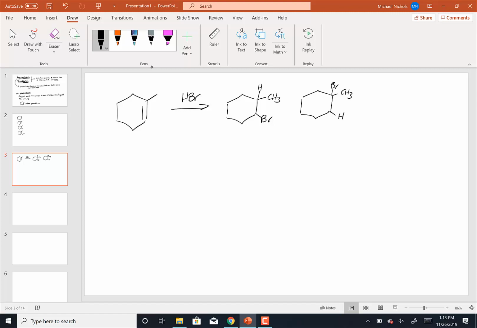So in this case, what's the major product? The major product is the Markovnikov product, which would be A or B. Which one of those two is the major product?